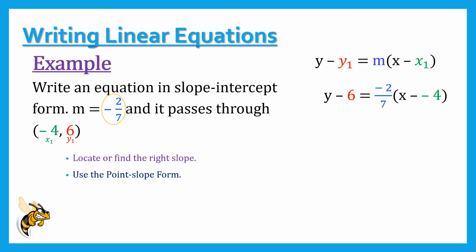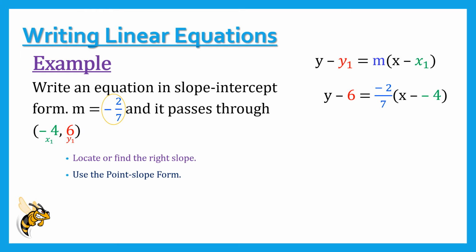Here are some things we need to take into consideration. It's a negative fraction for the slope. Only one of the numbers can be negative. Either you make the numerator negative or you make the denominator negative. So in this case, I have negative 2 over positive 7.